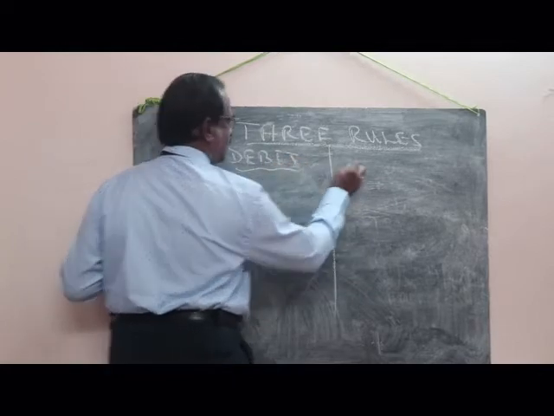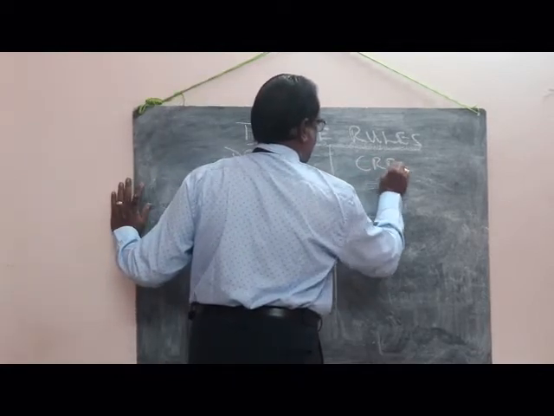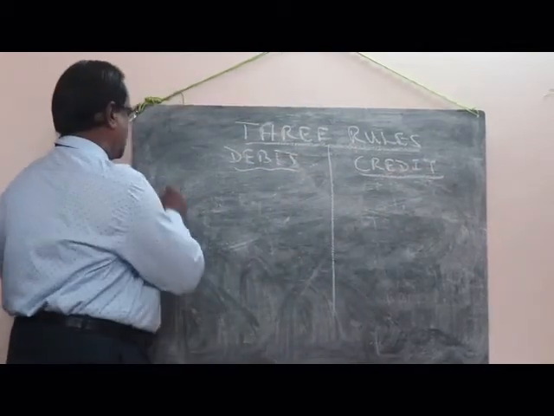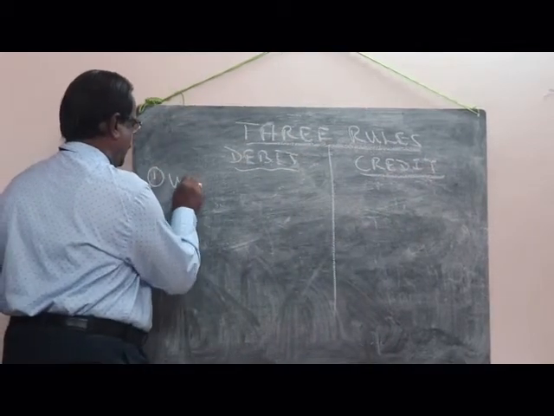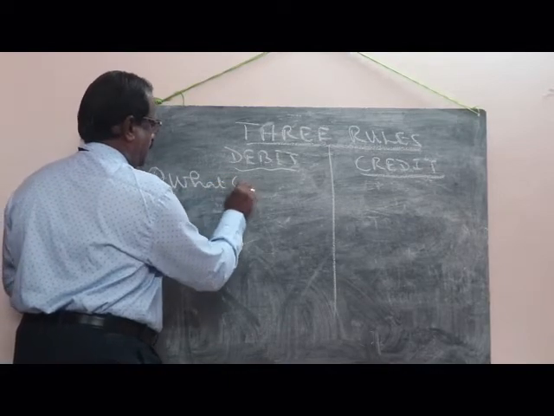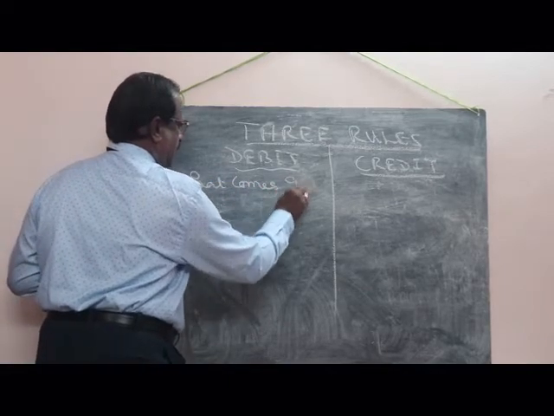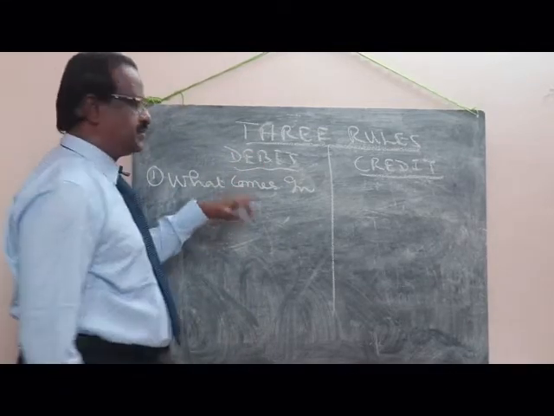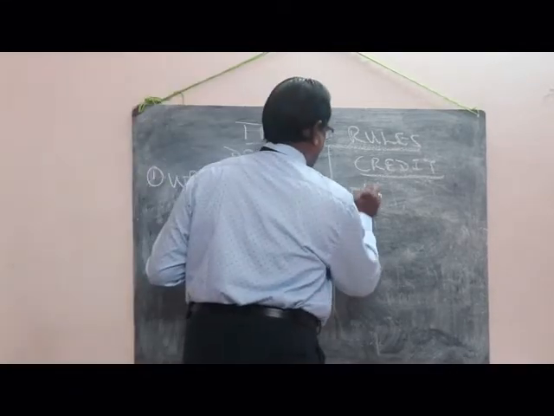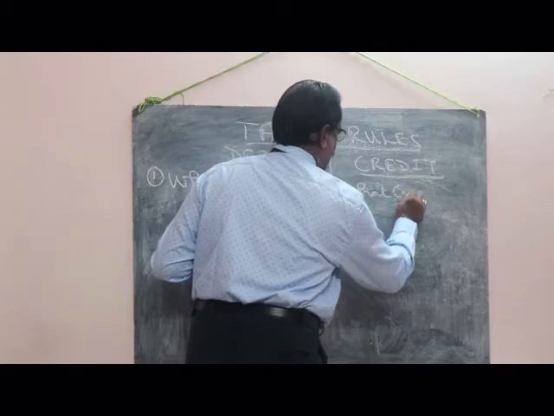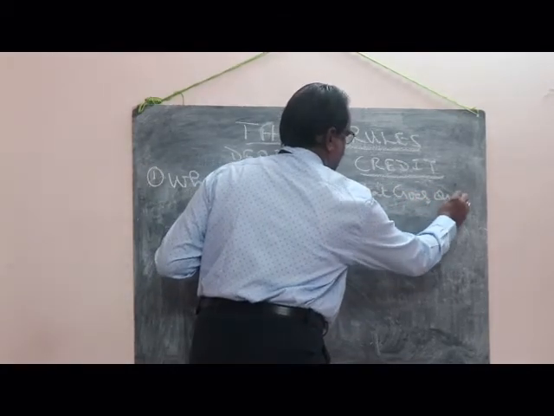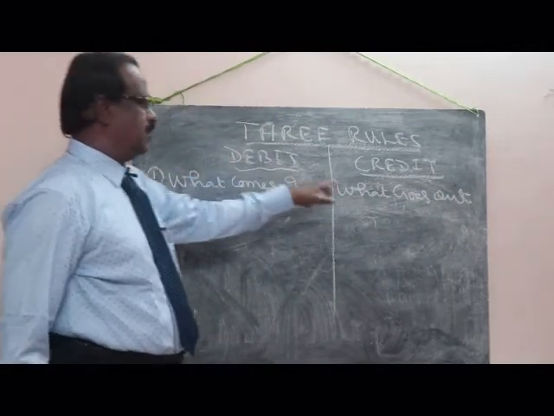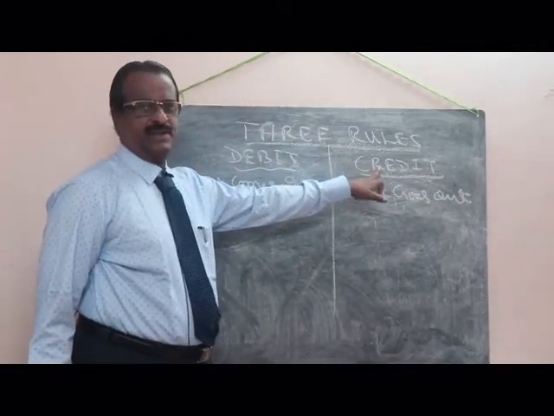Debit, credit. The first rule: what comes in is a debit, and the opposite, what goes out, is a credit.